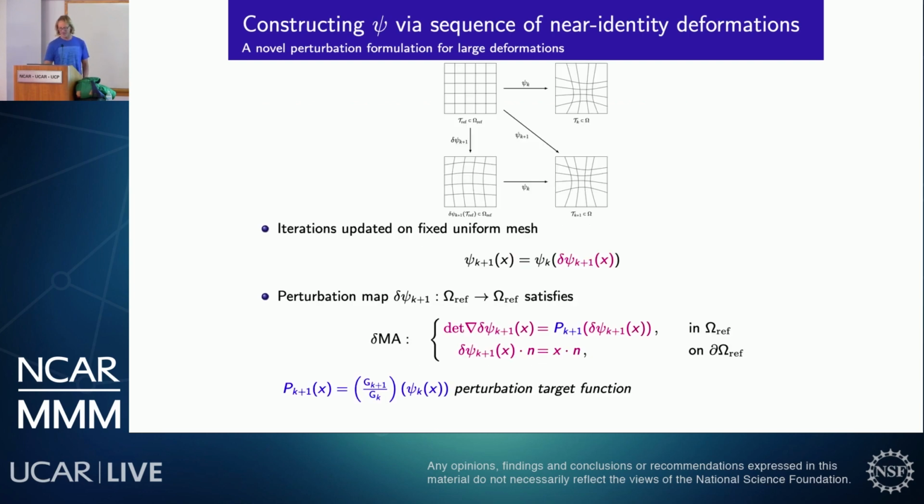Okay, and this is just saying, this is the sequence of how you get to this stage here by first computing a near identity perturbation and then taking the previous deformation that you had and composing with that transformation. Okay, so that's a little bit technical.